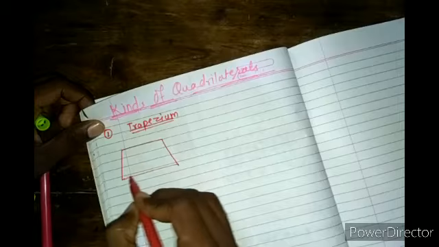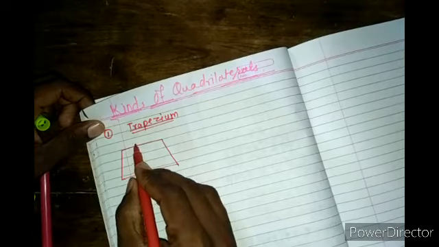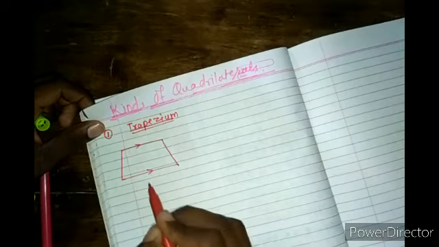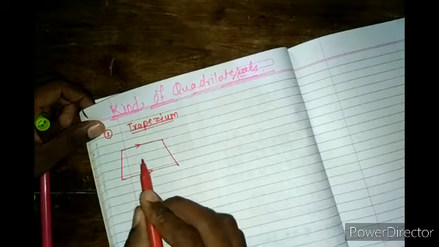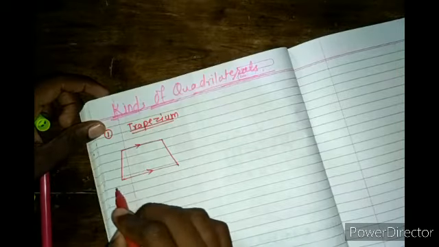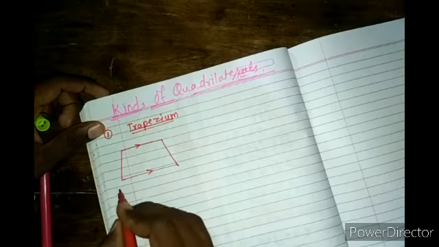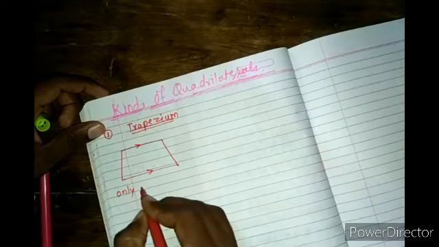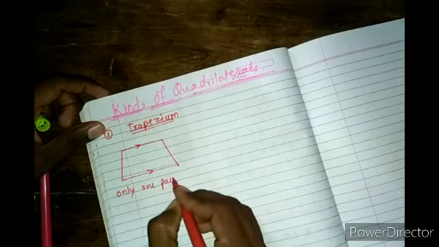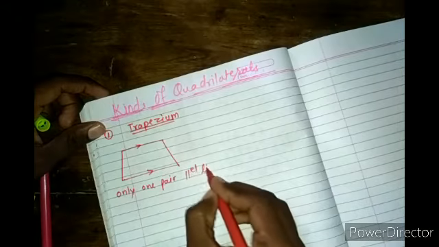If this diagram is of a quadrilateral and it has such arrows, those arrows indicate parallel lines. So how many pairs of parallel lines? Only one pair.